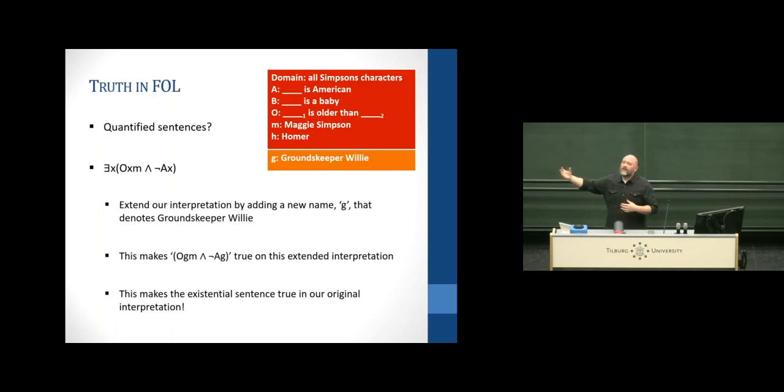And then when we have that name, we can plug it in place of the X to get OGM, conjunction, negation, AG, which is then something we can, using our extended interpretation, determine is actually true. Effectively what we do, this process, for the existential, is we see, is there even one potential extension? If there's even one potential extension, the existential's true.